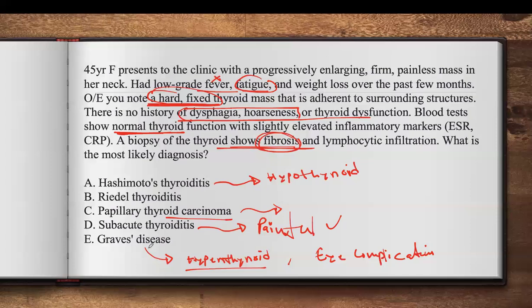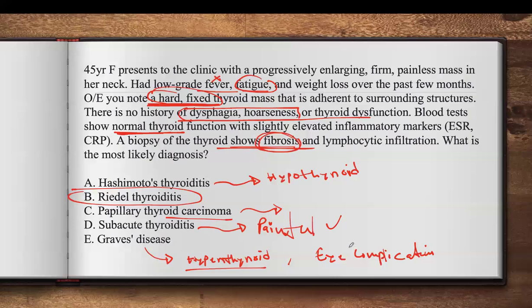Sometimes if you don't know the answer in the exam, follow the exclusion approach, which means you exclude the options one by one, and whatever is left is your answer. Even if you don't know about Riedel thyroiditis, if you just rule out one by one, you can easily come to the diagnosis.